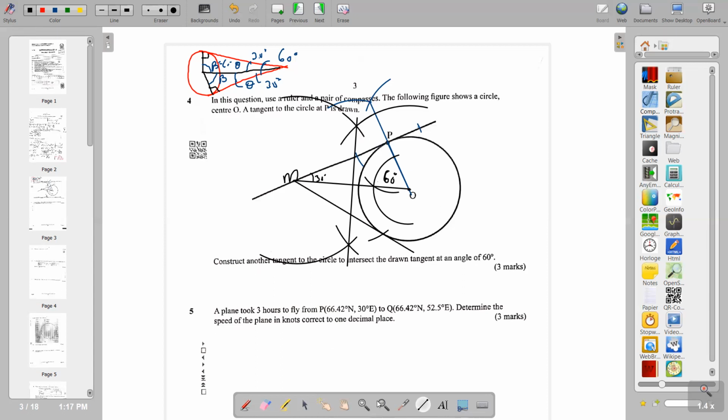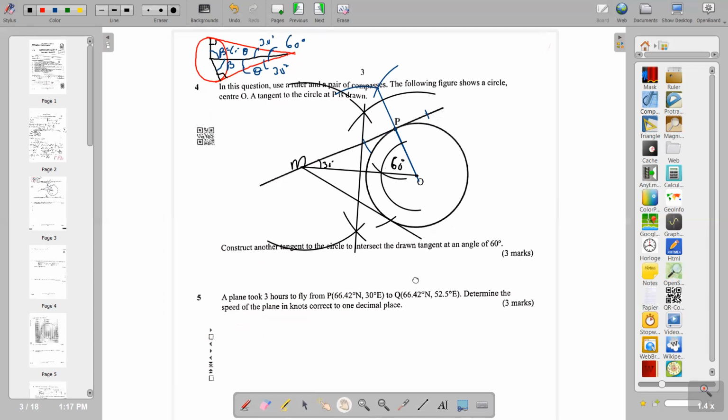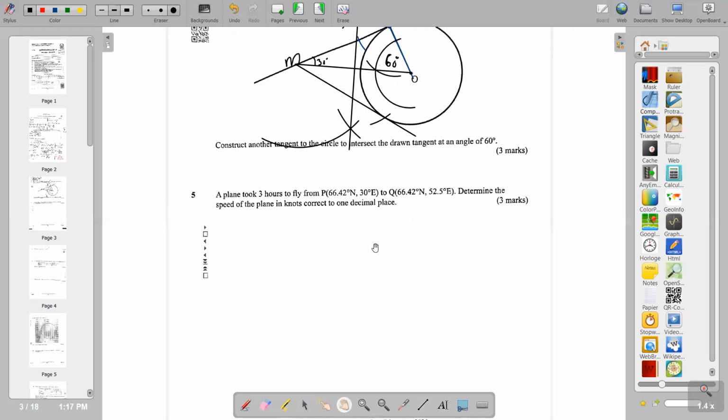Number 5. Now this is a question on latitudes and longitudes. You're told that a plane took 3 hours to fly from P, with the coordinates given, to Q. Determine the speed of the plane in knots, correct to 2 decimal places.